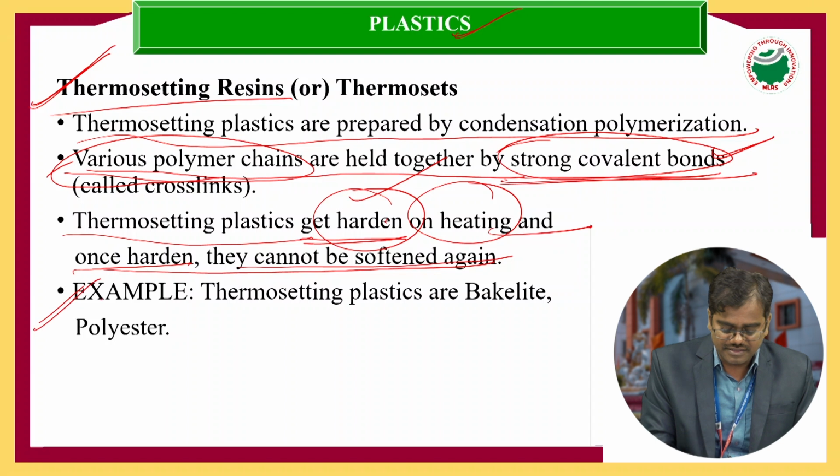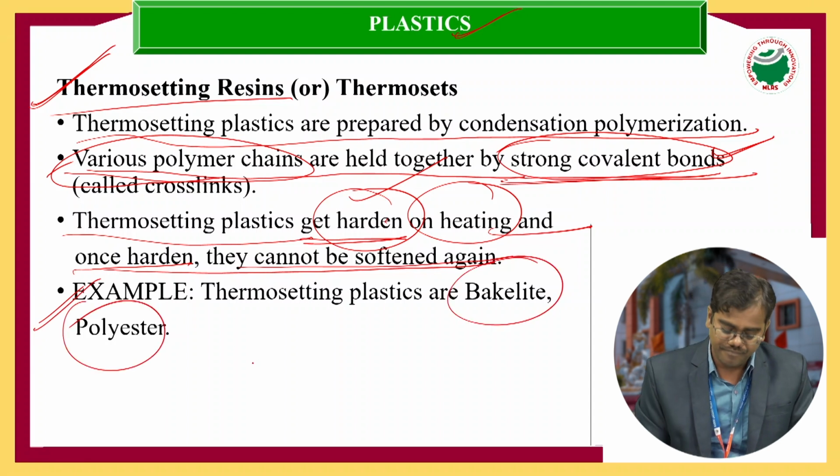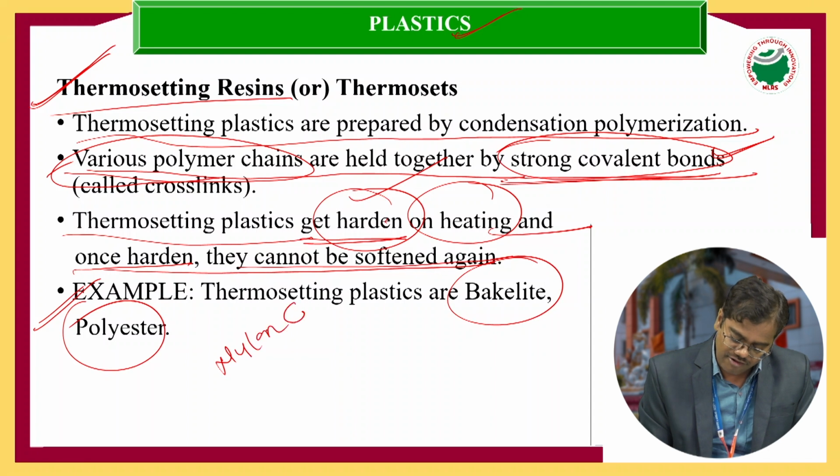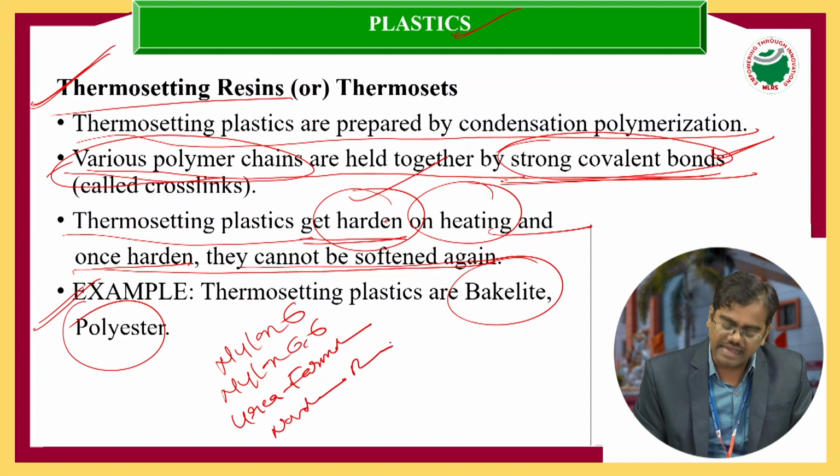The best examples of thermosetting plastics are bakelite resin, polyester resin, nylon 6, nylon 6,6, urea formaldehyde resin, and novolac resin.